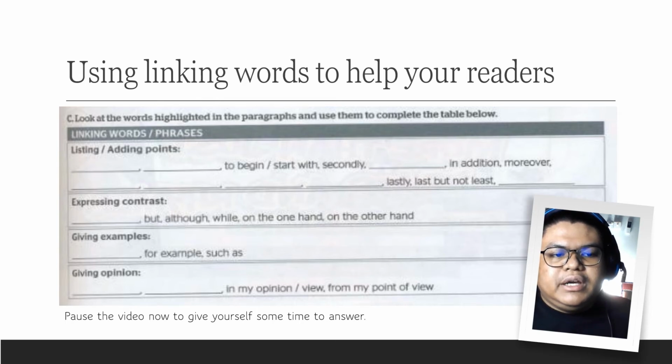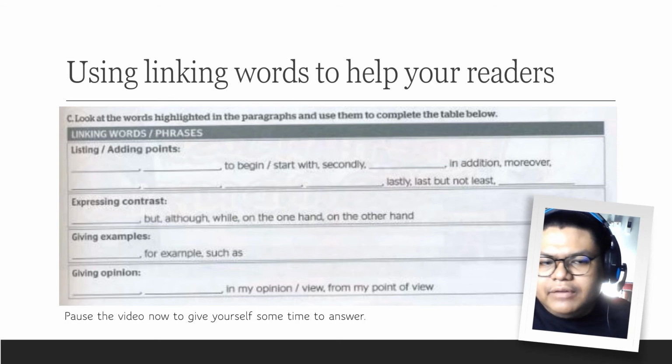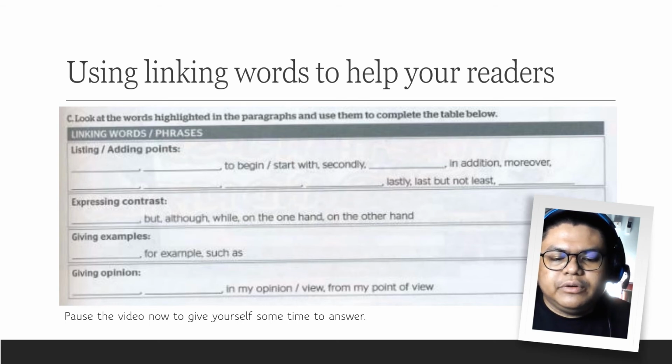There are linking words that we use to add points. If for example we are giving out a listing, apa point pertama, point kedua, point ketiga kan. Kalau kita senaraikan dalam bentuk paragraph, then there are words that we use for the readers to understand which point comes first, which point comes second, third, fourth.